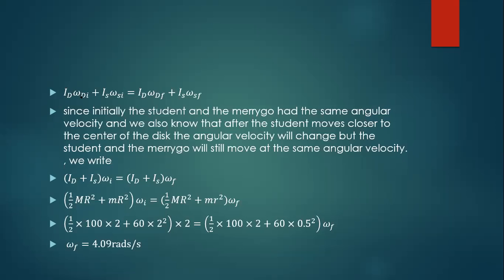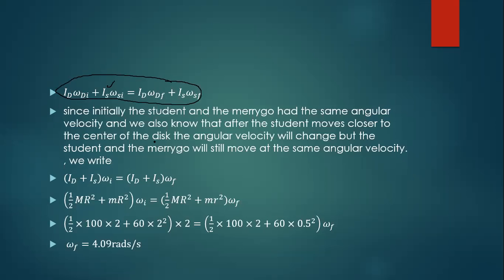The moment of inertia of the disk times the initial angular velocity of the disk, plus the moment of inertia of the student times the initial angular speed of the student, is equal to the disk's moment of inertia times the final angular velocity of the disk plus the student's term. So this is the conservation of angular momentum equation.